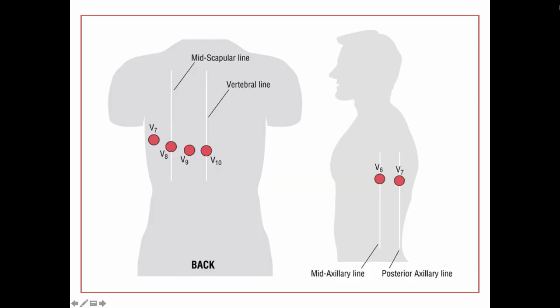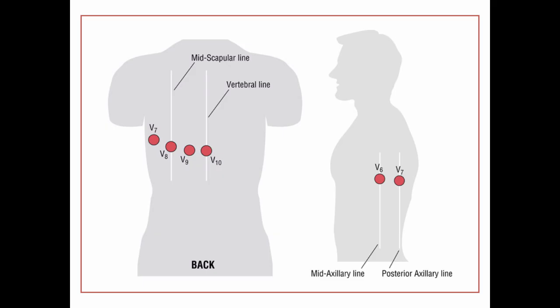Moving on from our right-sided views, we also have these posterior views. So we can continue on our electrodes around the backside of the heart, the backside of the body anatomically. So here we're continuing into V7, V8, V9, even into V10.